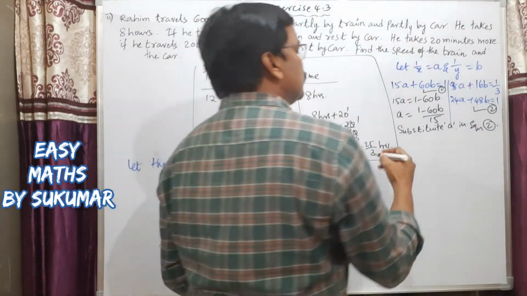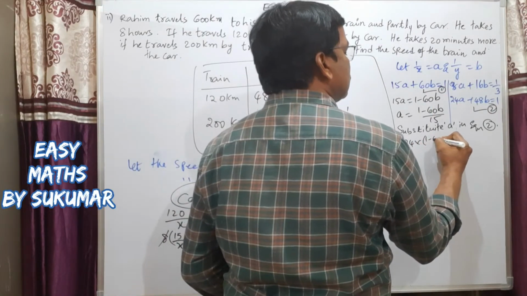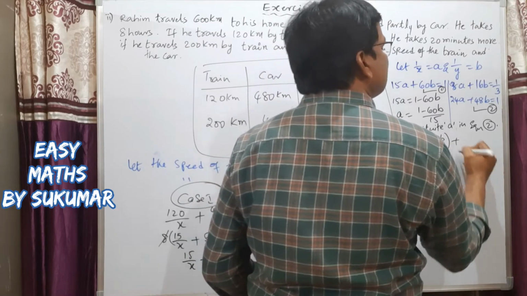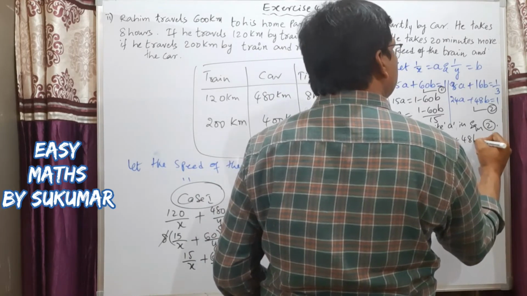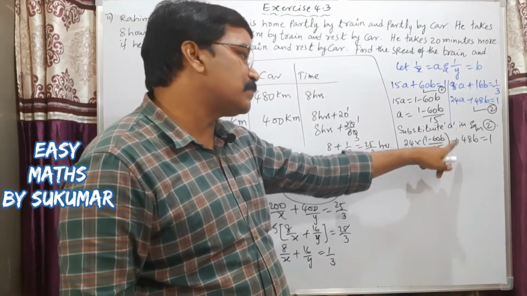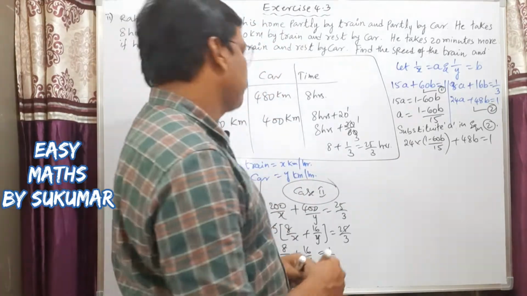Now my dear students, 24 into a, which is 1 minus 60b by 15, plus 48b is equal to 1.